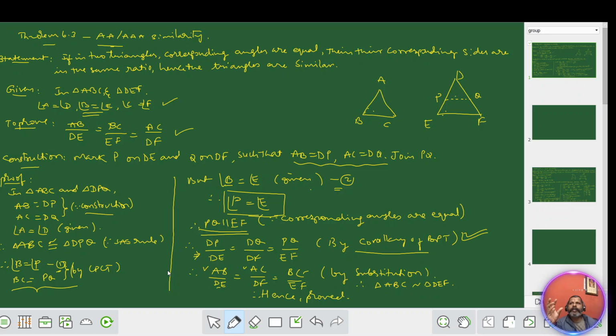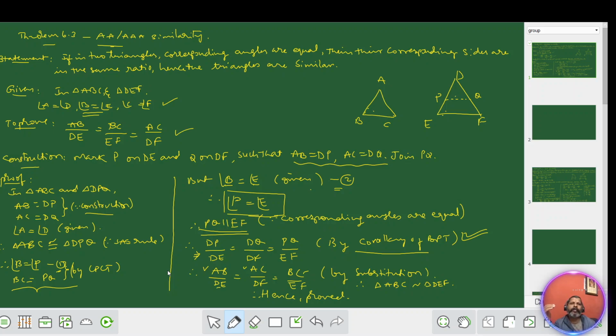Basically, the idea is, first you have to show that ABC and the just-constructed DPQ are congruent, by using construction properties and the given. Once we have that, it's a relative property for angle B. B is equal to P and B is equal to E, which is given. So P and E are equal, which are nothing but corresponding angles.